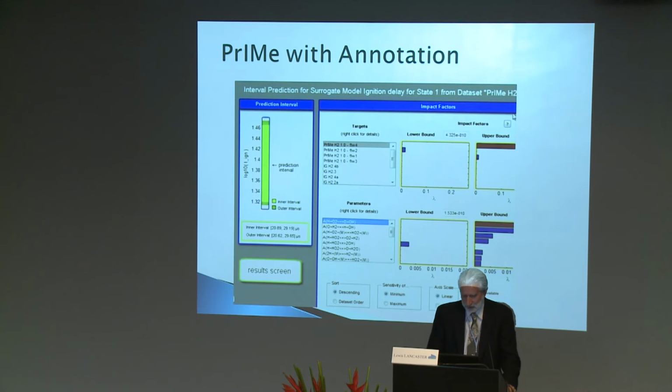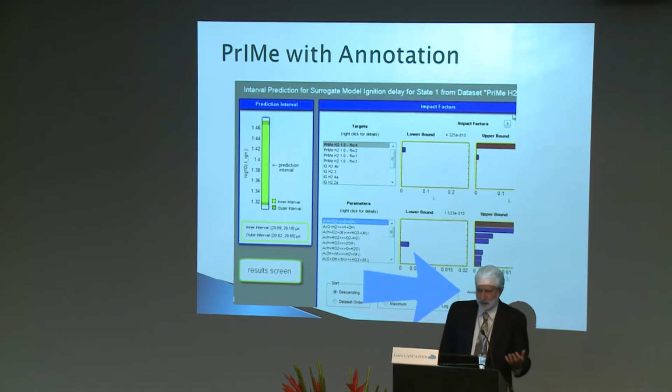But we have added to that something which, if somebody does one of these analytics, then we want them to annotate the analytic. We want them to tell us what they think about it right then and there and publish it.